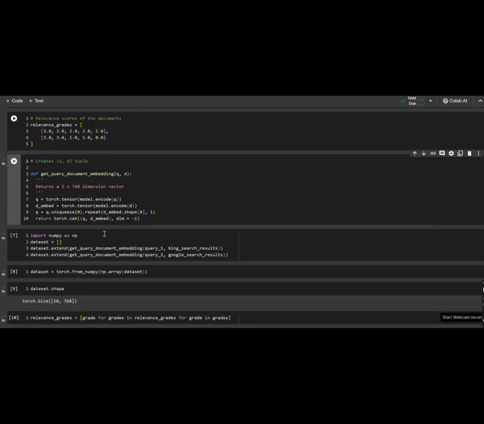Since sentence transformers generate an embedding of dimension 384, to get the q comma d tuple, we need to concatenate the query and the document vectors row-wise to get the 768 dimension, which is 384 plus 384.